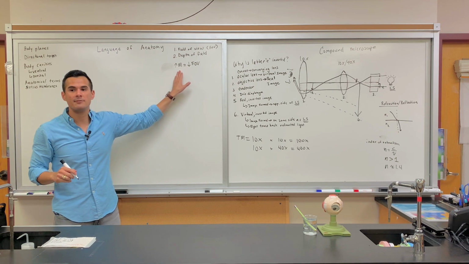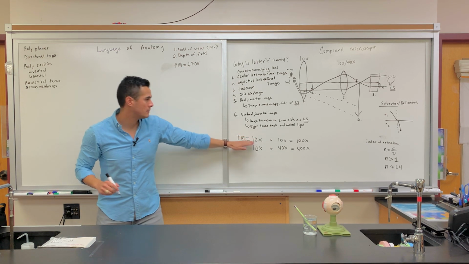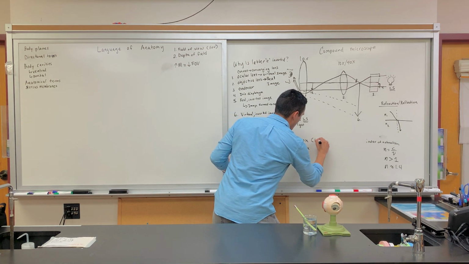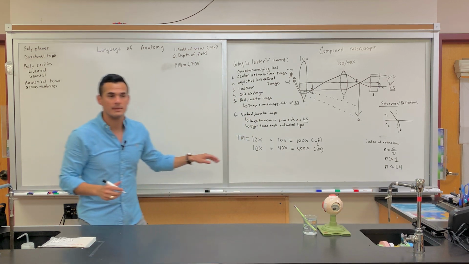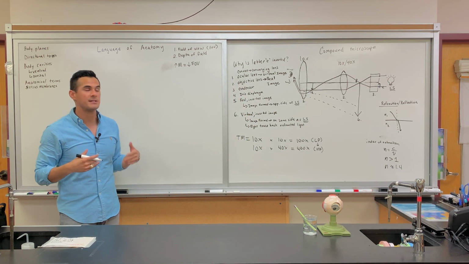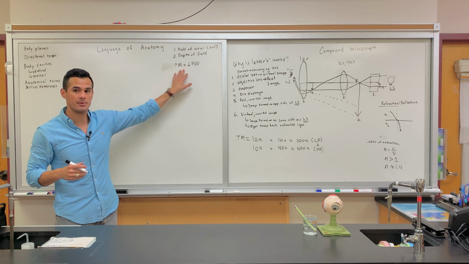When I say increased magnification, what do I mean? Going from low power to high power. That's what I mean by increasing the magnification. So this is known as an inverse relationship. And so what is the field of view?